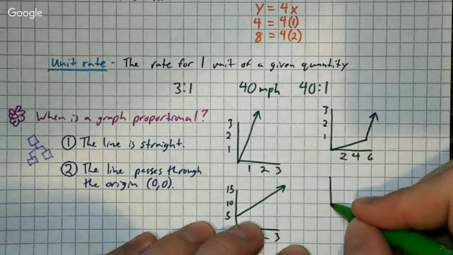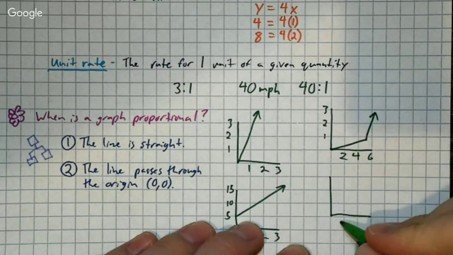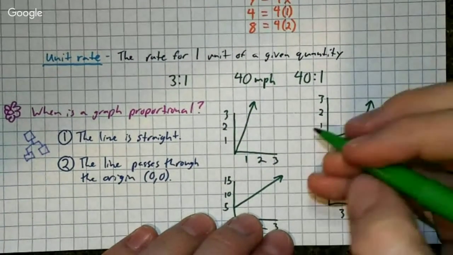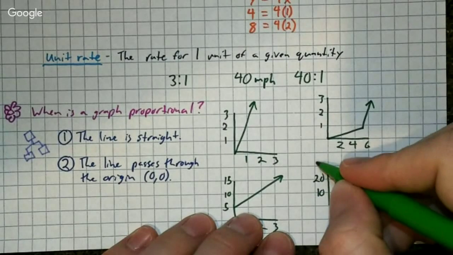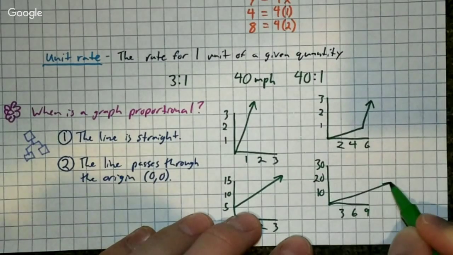And finally, this one is going to be 3, 6, 9 along the X and 10, 20, 30 on the Y. And this one will look like this.